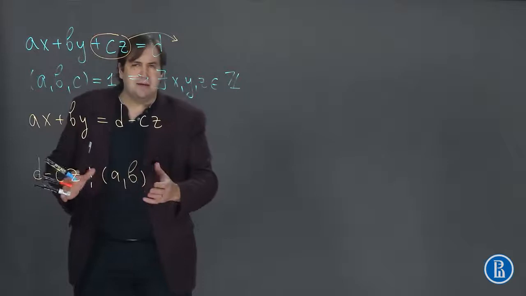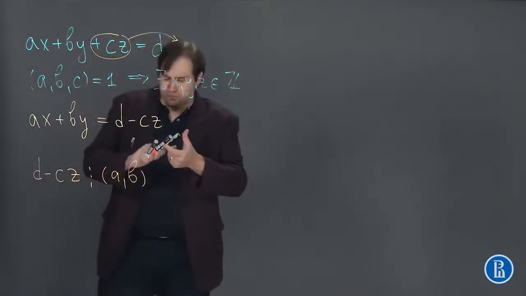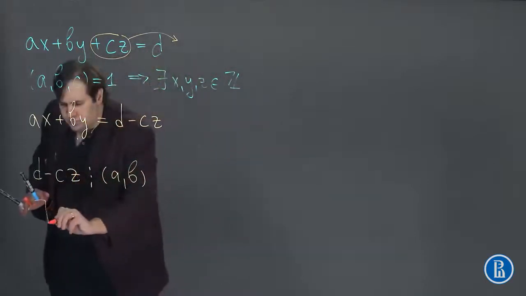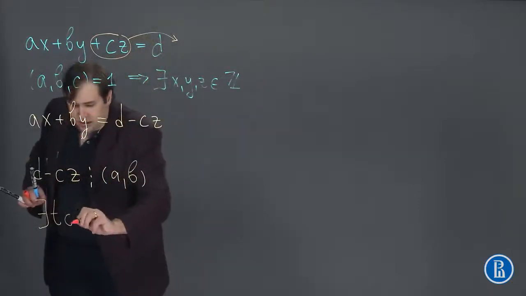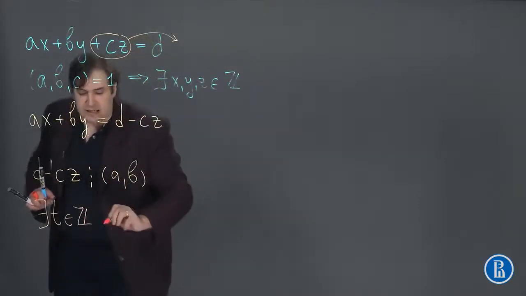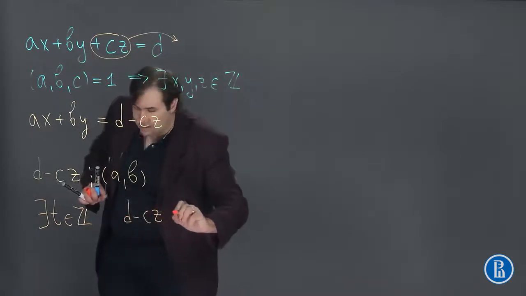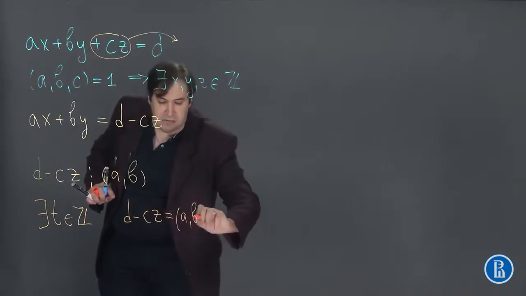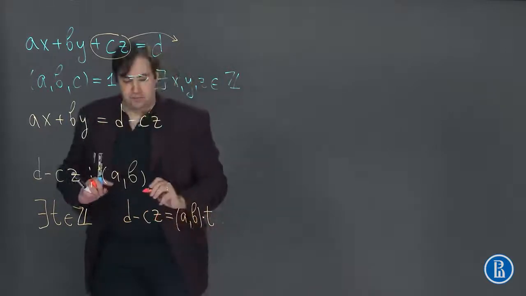Well, what does this mean? This means that there should be an integer t such that d minus cz is equal to the greatest common divisor of a and b, multiplied by t.